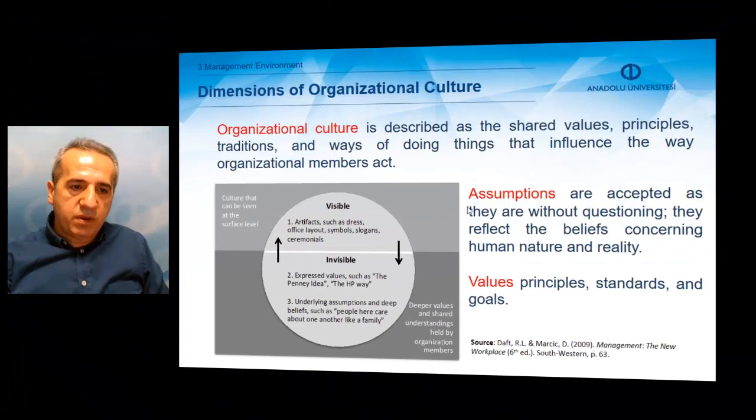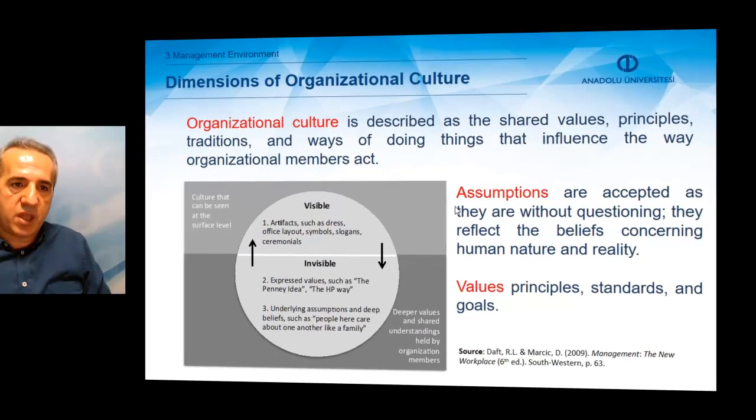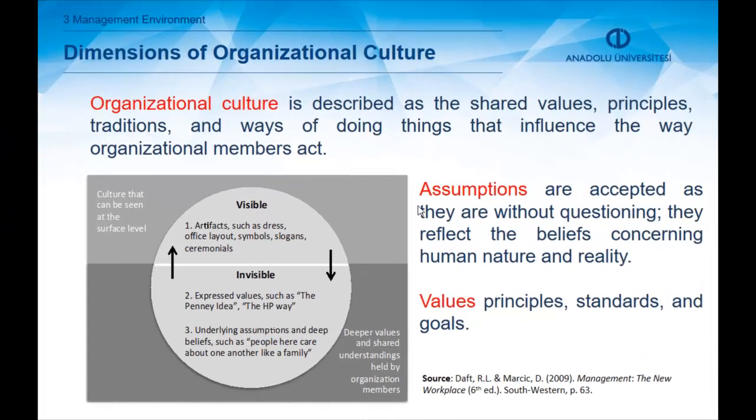But on the other hand, there are some invisible items that we cannot easily see or observe. You know, you need to take a closer look or analyze the company to see the invisible items within the organizational culture. Values are one of the invisible elements, which are principles, standards, and goals that employees hold.